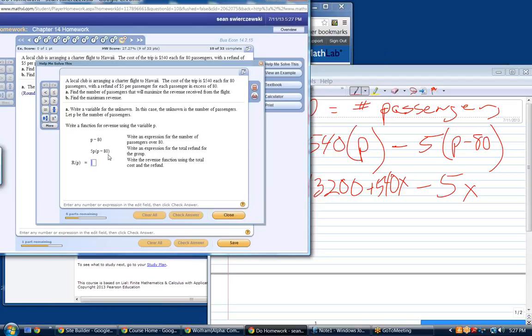Why is it 5p? Because everybody gets a refund if it's the number of passengers minus 80. Each one gets $5 back. So if there's 85, it's 5 times 85 times 5?